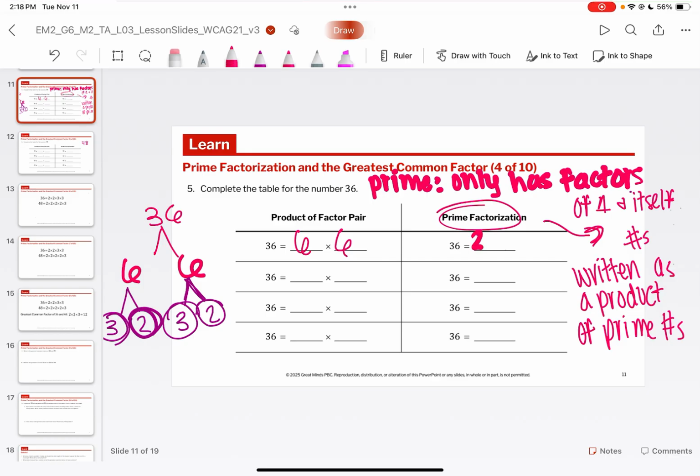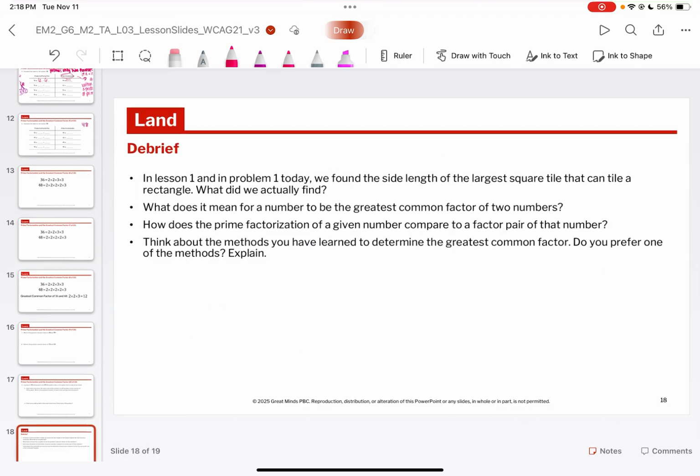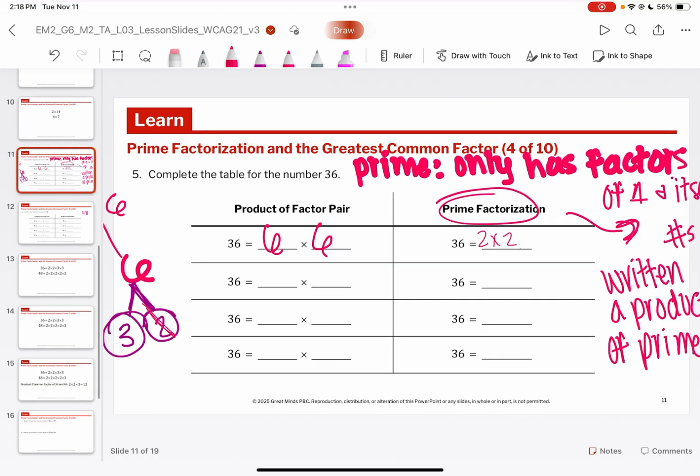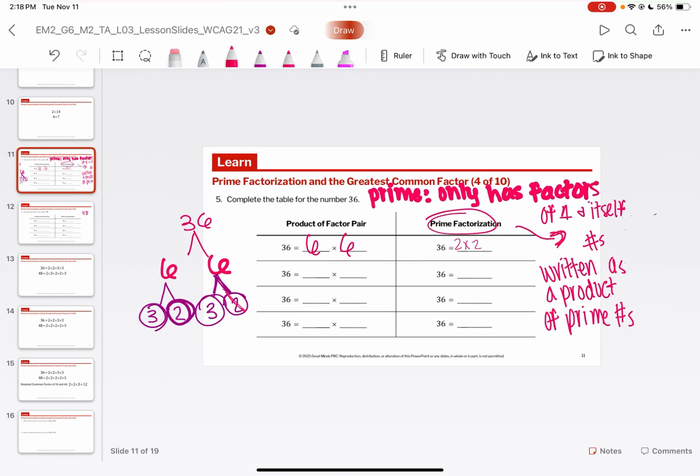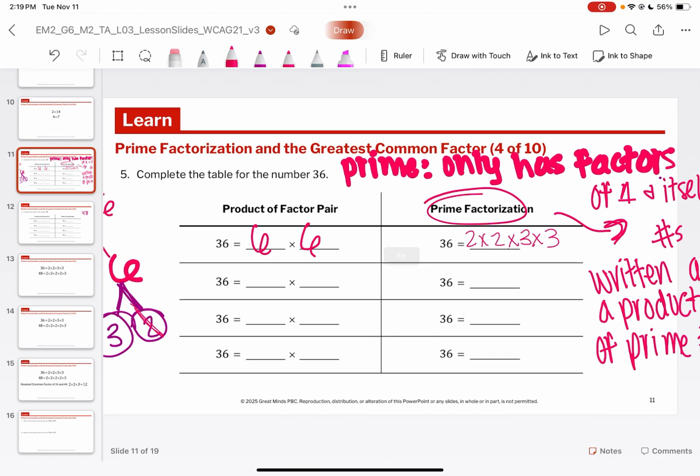So remember, this is multiplication. So I'm doing 2 times 2. Oops, let me make it smaller. And what I like to do is I cross it out so I know I'm done. What other numbers do I have left? 3. And how many do I have? 3 times 3.